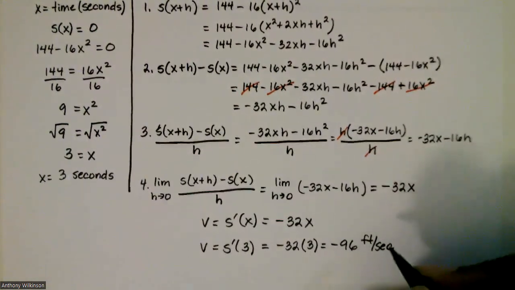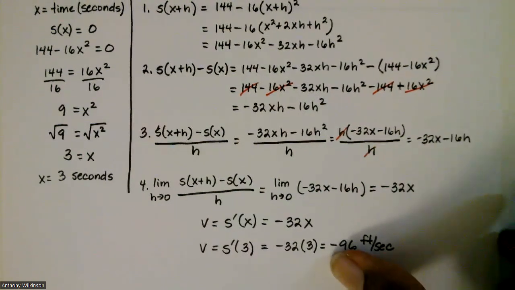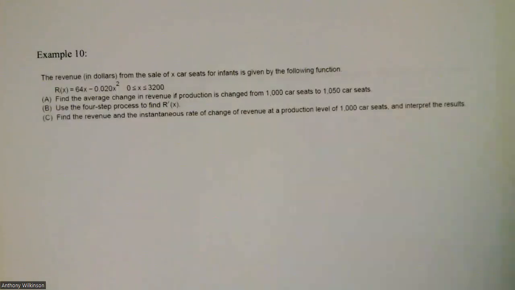And that velocity will be in feet per second, since we're dealing with feet and seconds in this problem. So the object's velocity at the moment of impact would be negative 96 feet per second.